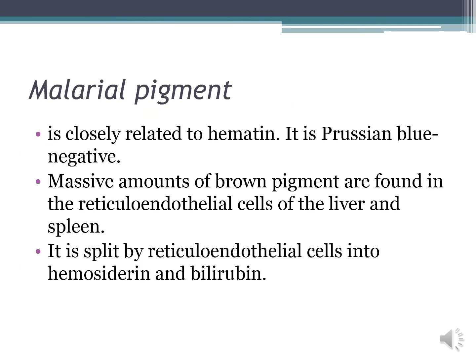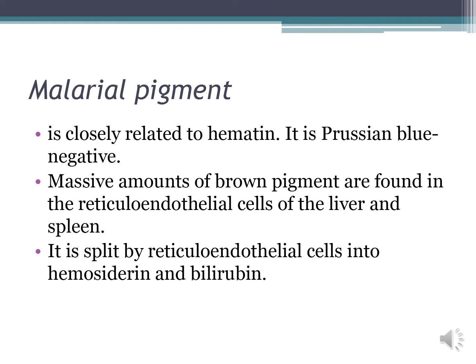Malarial pigment is closely related to hematin. It is Prussian blue negative. We see massive amounts of brown pigment found in the reticuloendothelial cells of the liver and spleen.